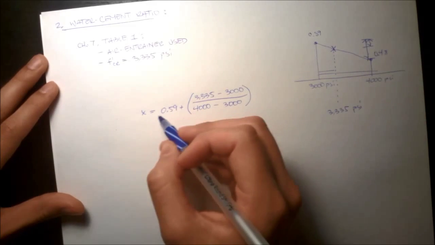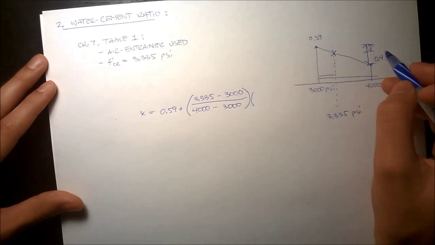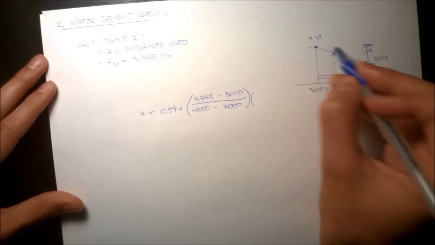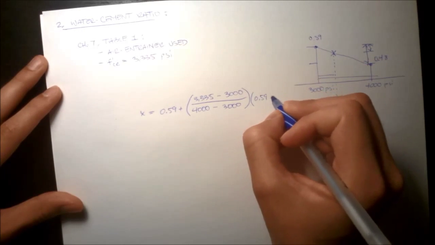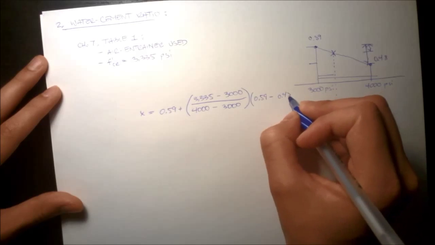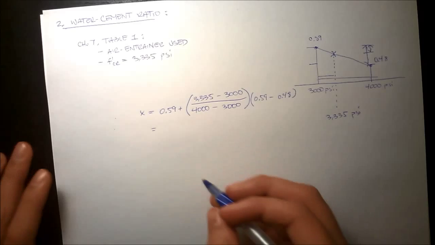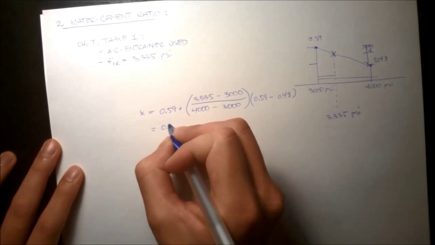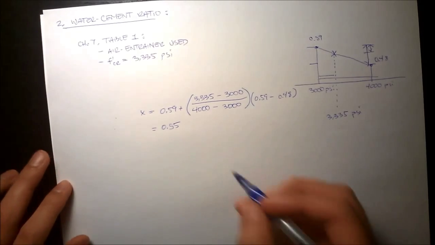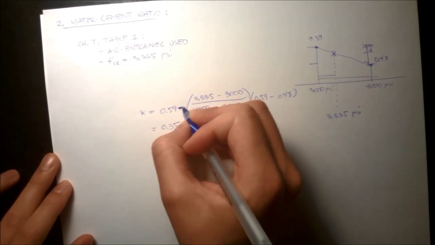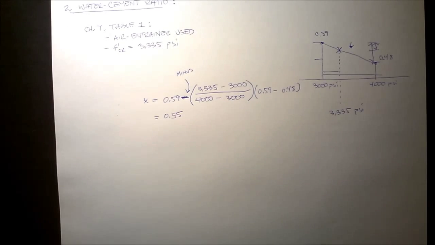The ratio is the same even though the distances differ, and that's what gives us this value. If we calculate that out, we get x equal to 0.55. I noticed a mistake right away, because this should actually be a minus sign, since we're going down in values from here.